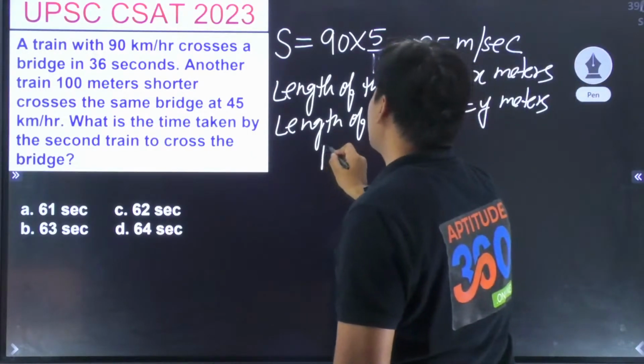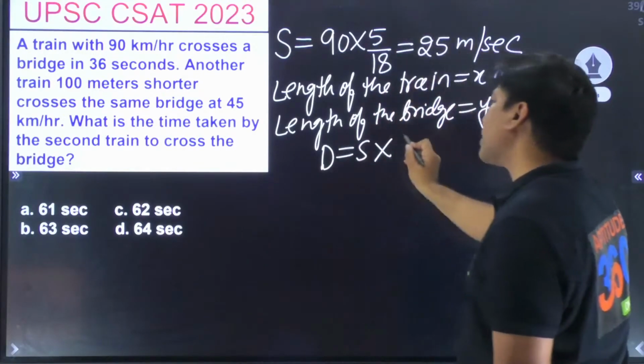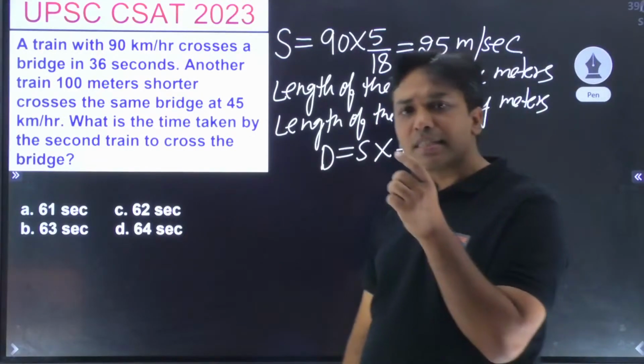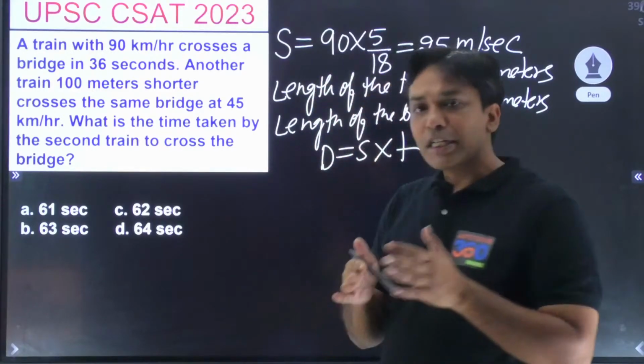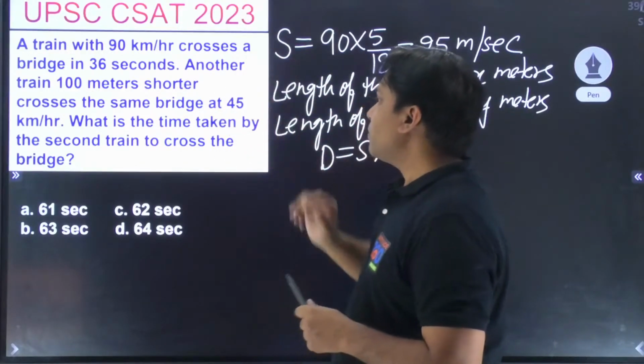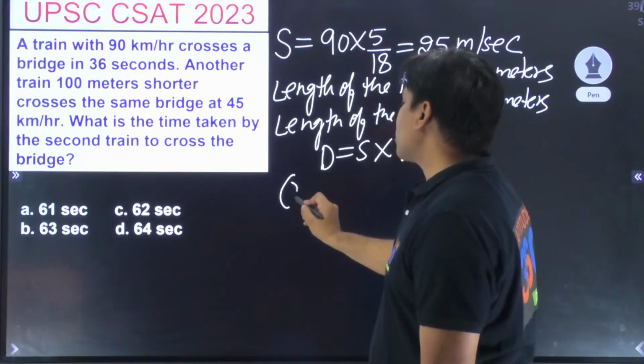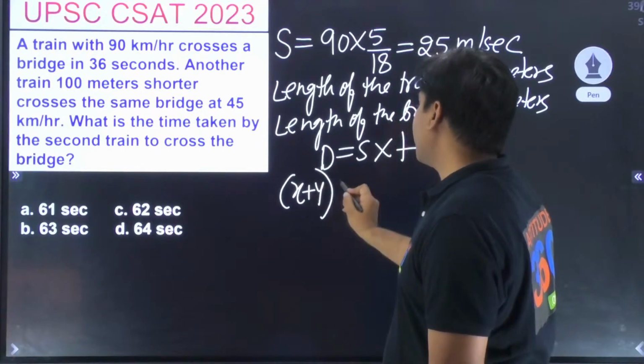So what is that you learned? Distance is equal to speed into time. What is the total distance that this train is going to be covering? Its own length plus length of the bridge, right? So this distance out here is x plus y.